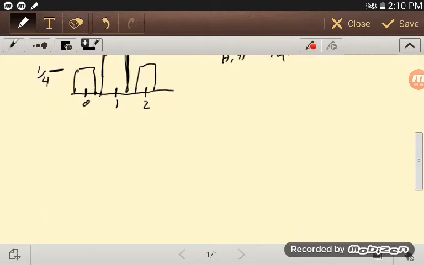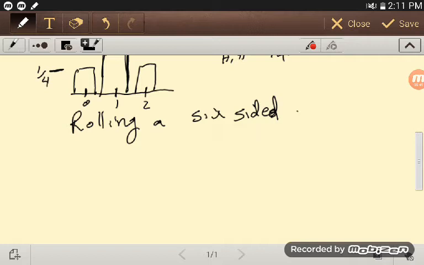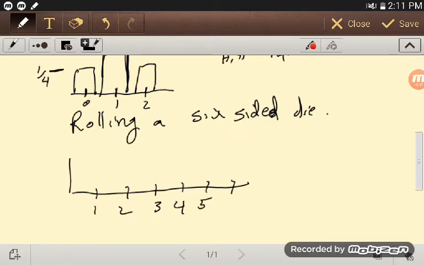So you know, if I talk about rolling a 6-sided die, then, you know, I would expect I could get a 1, 2, 3, 4, 5, or 6, each equal numbers of times, and so that population, you know, if that's 1, 2, 3, 4, 5, 6, that population would look like this.